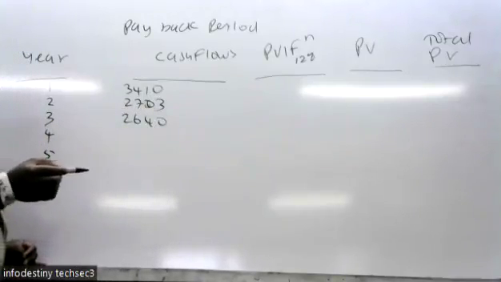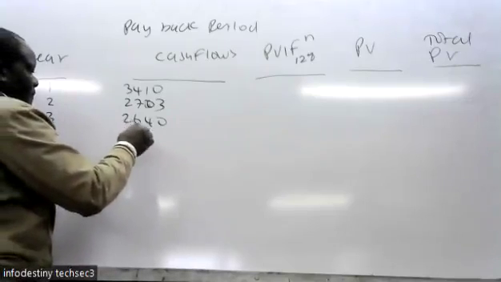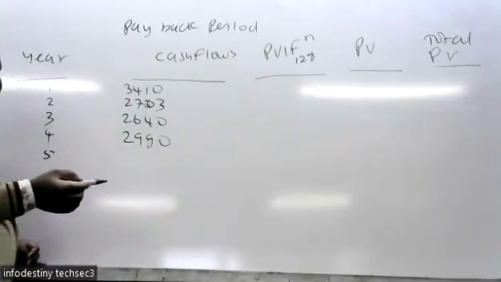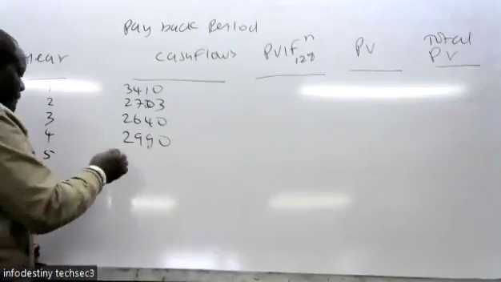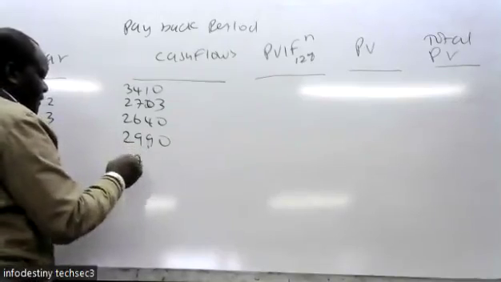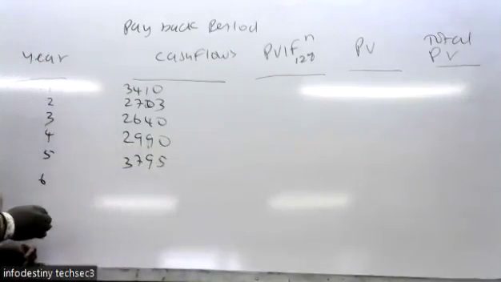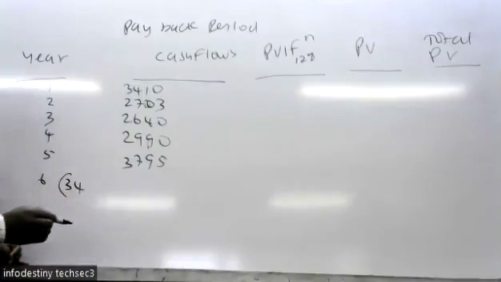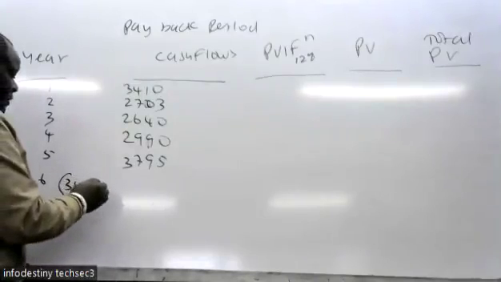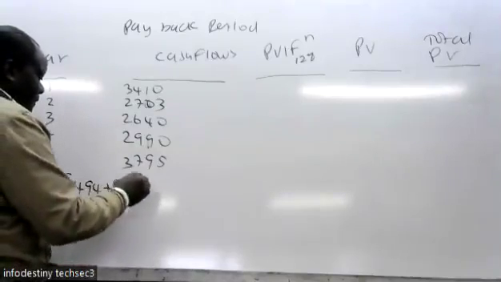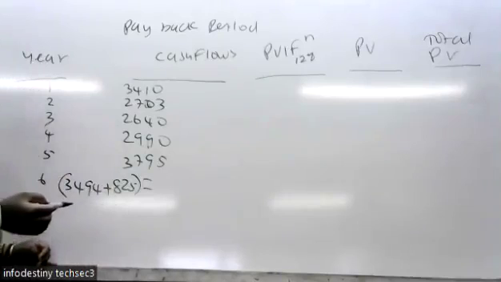Year 4, 2990. Year 5, 47. Year 6 will be 3494. And we have agreed what we add? 825. So how much will it come to? Now the next thing is the expected profits.